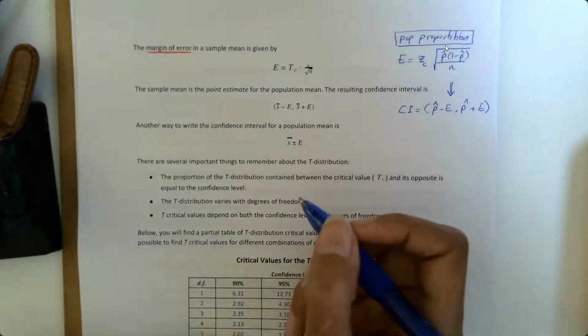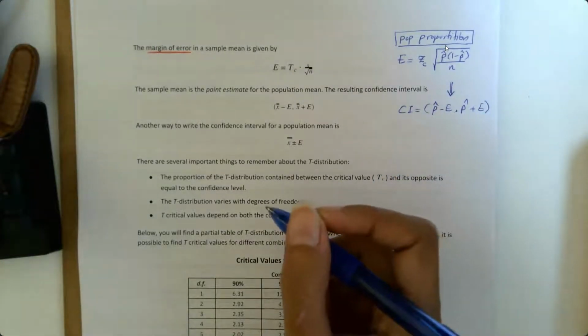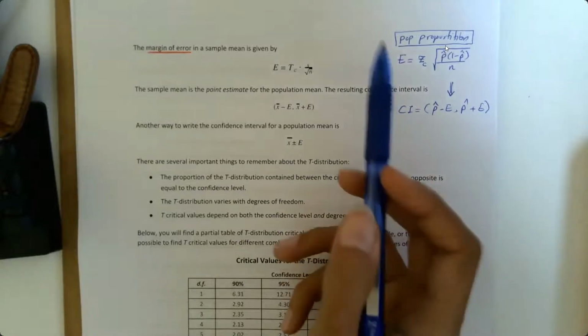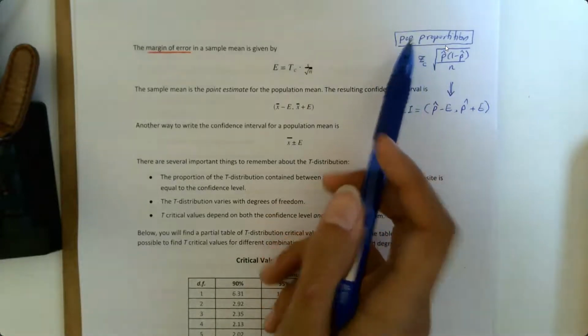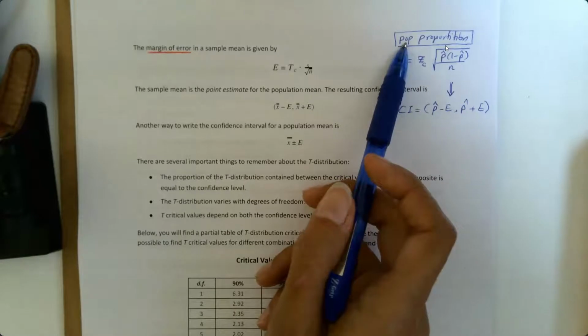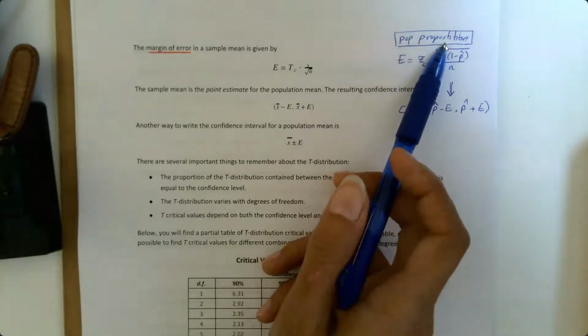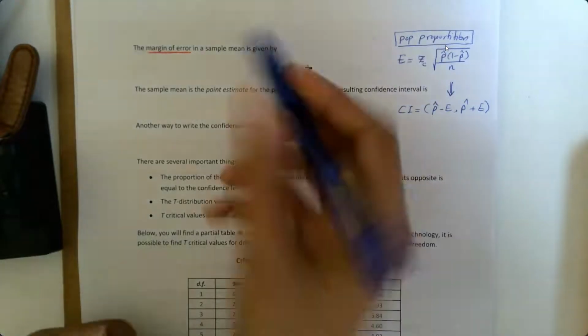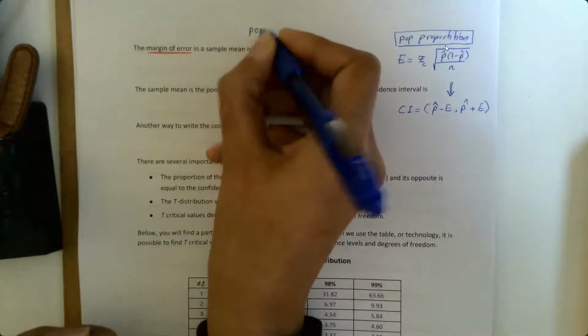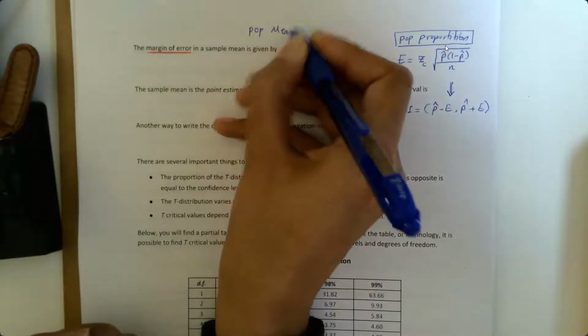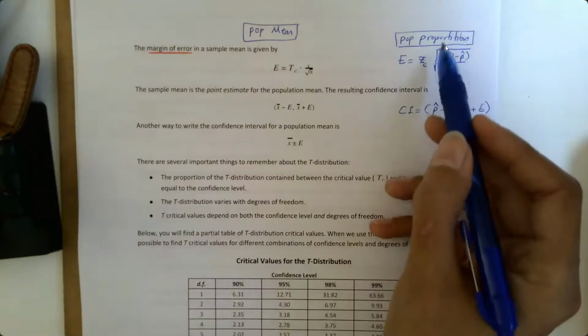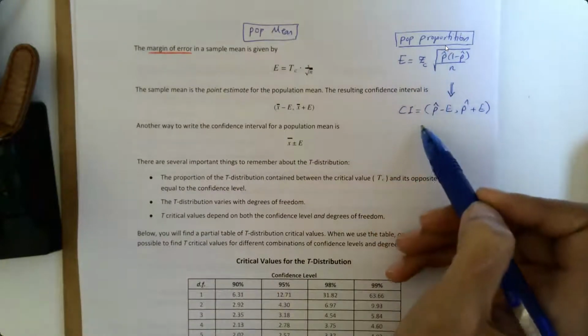So when you're solving a problem, you need to first identify if the question is asking about a confidence interval for a population proportion, or a population mean. If it's asking about a population proportion, you're going to follow the steps that you learned before.